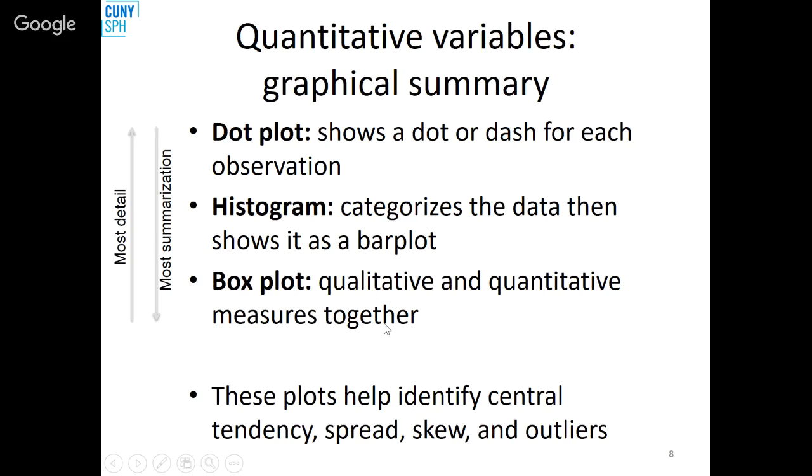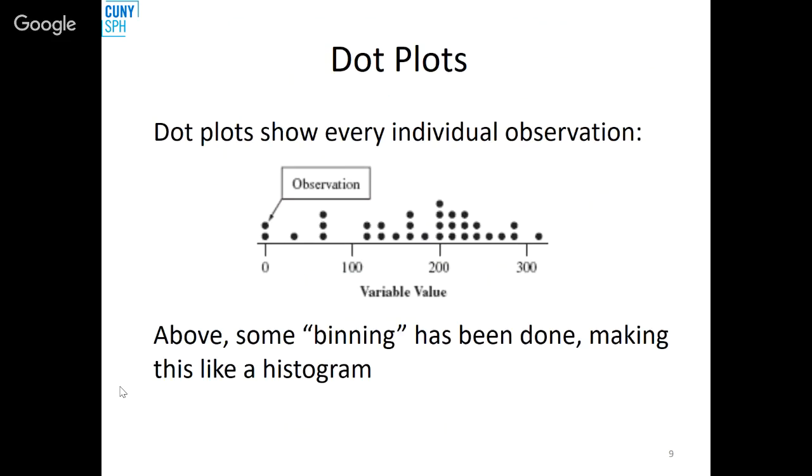But these are helpful for identifying key features of a quantitative variable, such as their central tendency, where most of the data are, the spread, how spread out it is, and the shape of that spread, such as skew and outliers. Again, these dot plots, the example I showed last time was just little dashes along a single axis.